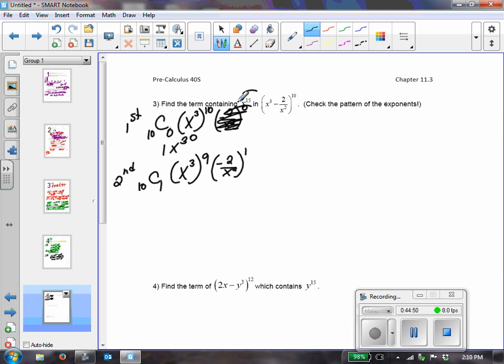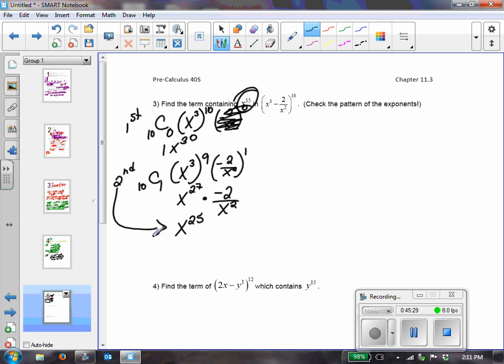I'm only worried about finding out which term has x to the exponent of 15 in it. 3 times 9 is 27. So I'm going to have x to the exponent of 27 divided by x squared. My second term is going to have x to the exponent of 25 in it.